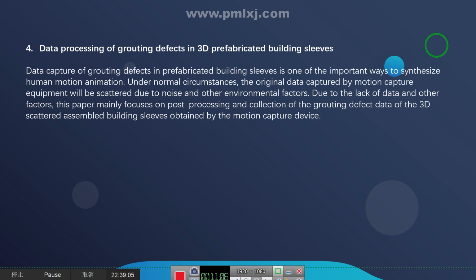The original data captured by motion capture equipment will be scattered due to noise and other environmental factors. Due to the lack of data and other factors, this paper mainly focuses on post-processing and the collection of the grouting defect data of the 3D scattered assembled building sleeves obtained by the motion capture device.